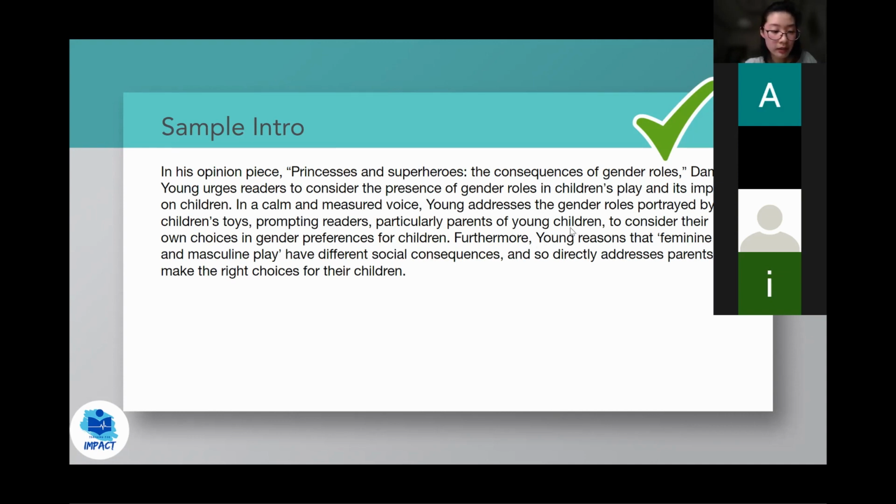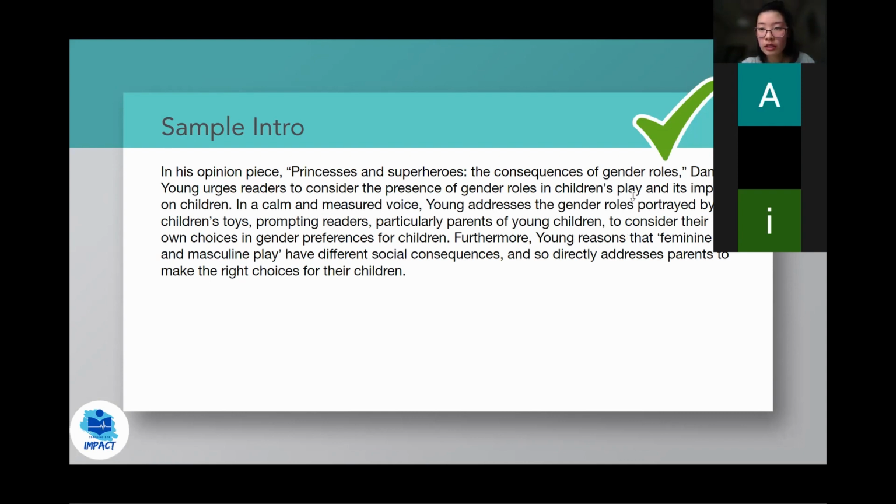So we're talking about how the author is saying parents, we're getting parents to make better decisions for their children, but I'm wondering if this author maybe has more specific, particular suggestions, like what kind of change do they want to see? So that's how I would make my purpose more specific.